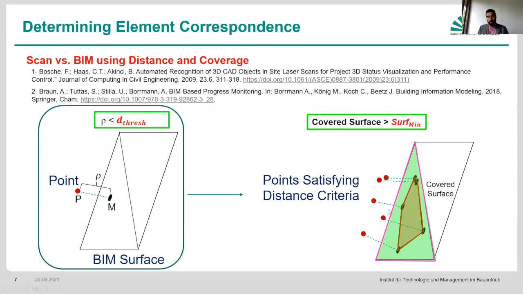But what we're going to be doing later on is introducing 2 thresholds: one for each surface, not just the STL but the actual surface. Then we also do another check globally, meaning what percentage of the surfaces of a particular object is actually covered, and we have a threshold for that as well. Then we say whether the surface is covered or not, and separately whether an object is covered or not.